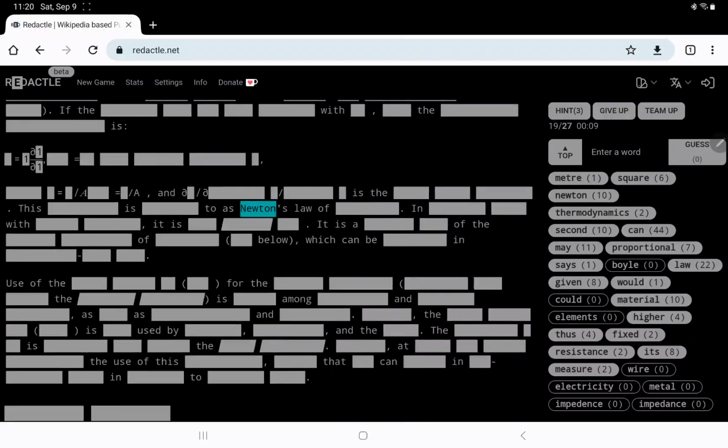Let's look at our other Newtons. Newton's law of something is referred to as Newton's law of blank. Oh, 1, 2. What is 1, 2? Are they 2 elements? Use of the 5, 6, 2.